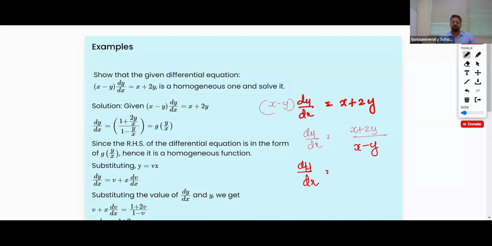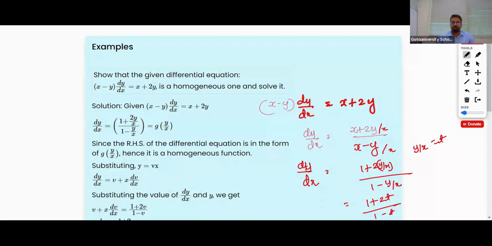So you divide the numerator by x and the denominator by x. So what we get is 1 plus 2y by x over 1 minus y by x. So if you replace y by x with some variable t, it will become simply 1 plus 2t by 1 minus t. And yes, this becomes a homogeneous equation, right?